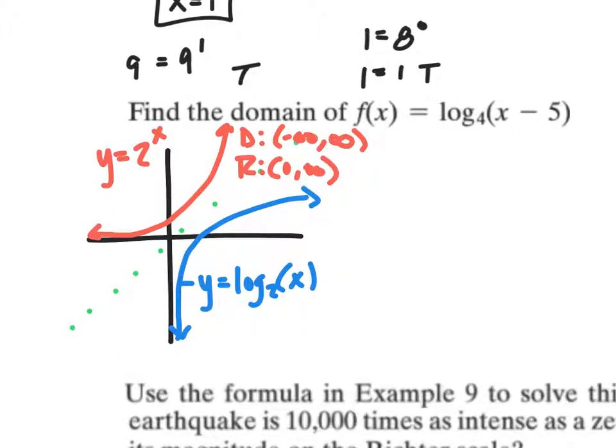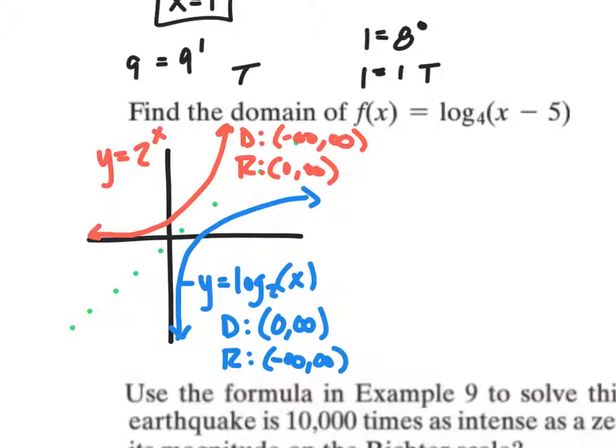When I'm talking about a log function, my domain is restricted. My domain goes from 0 to infinity, and my range goes from negative infinity to positive infinity. All we're doing is switching domain and range because they're inverses of each other. When we have an inverse, we just switch x and y.